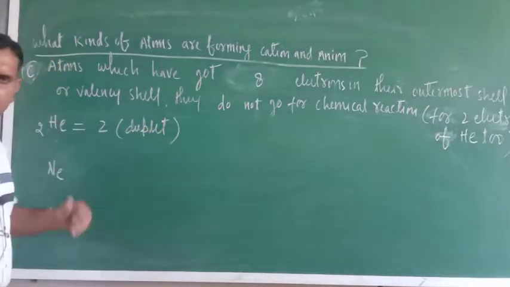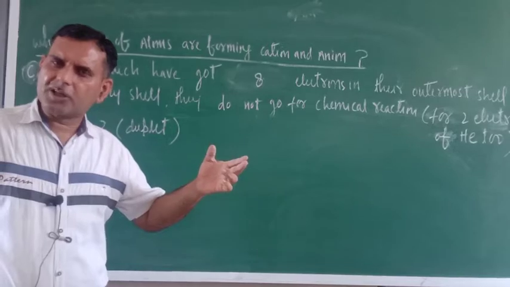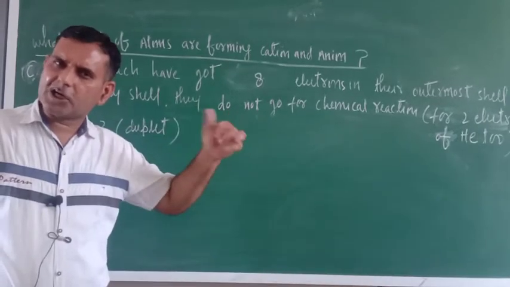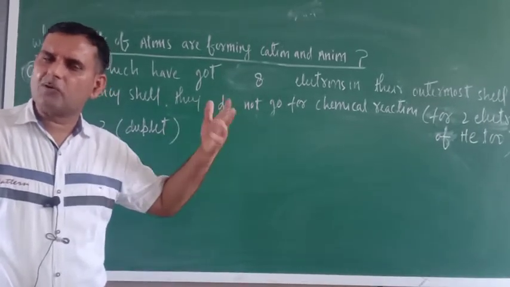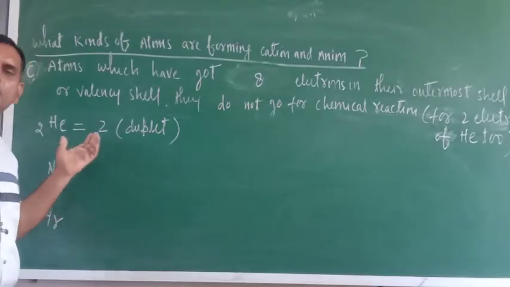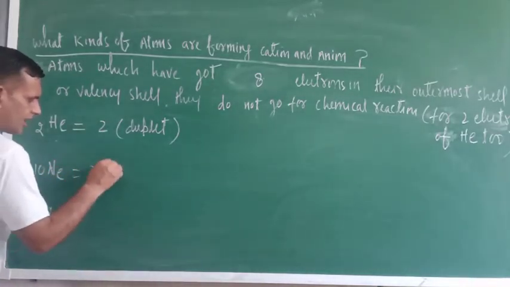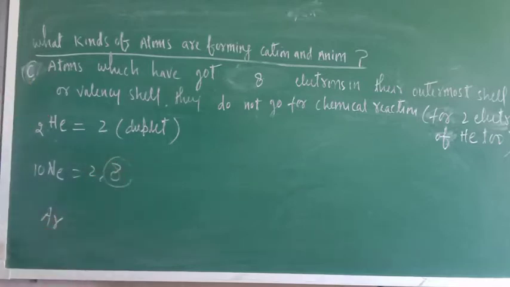So why would they go for chemical reaction? If they have not got either 2 electrons or 8 electrons in their outermost shell, only then will they go for gaining or losing of electrons. Helium has already got 2 electrons, the duplet rule is valid, so it will not go for chemical reaction. Neon 10 has already got 8 electrons in its outermost shell, so it will also not go for chemical reaction.